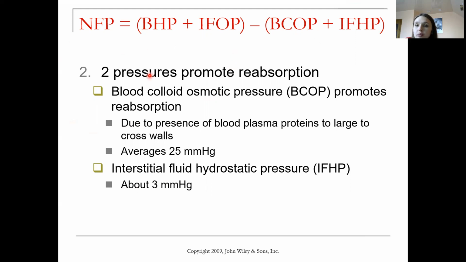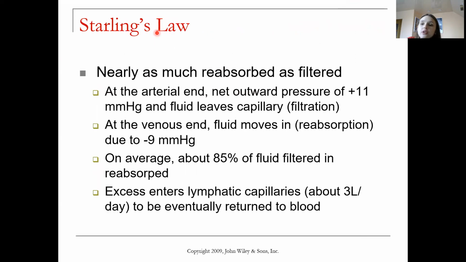If we put these values into the net filtration pressure equation, we receive a result: on the arterial part, at the beginning of filtration, on the precapillary arteriole side, the net filtration pressure is going to be 11 millimeters of mercury, and at the venous end, the net filtration pressure is going to be minus 9 millimeters of mercury.